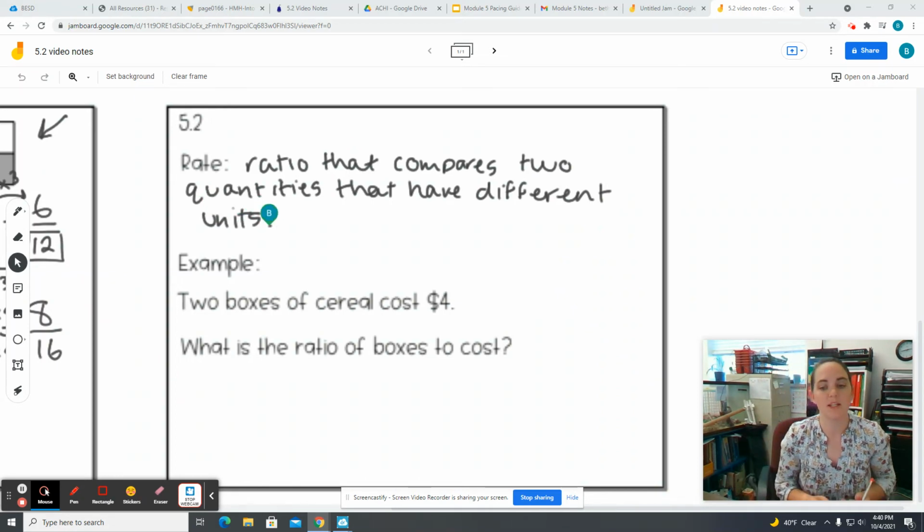The units represent what we are comparing, the item, the type of thing that we are comparing. So this would be like miles and hours, okay, flour and sugar, okay.